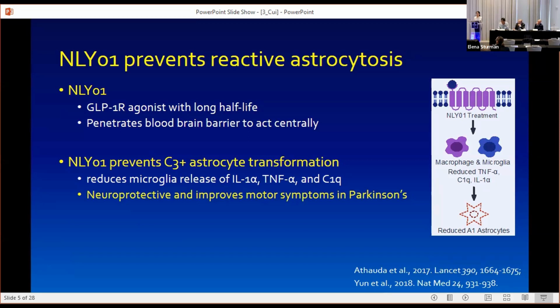And it reduced the microglia release of IL-1 alpha, TNF-alpha, and C1q, so these 3 cytokines. And this resulted in neuroprotection, decreased the loss of neurons in the central nervous system, and improved motor functions in these mouse models of Parkinson's.